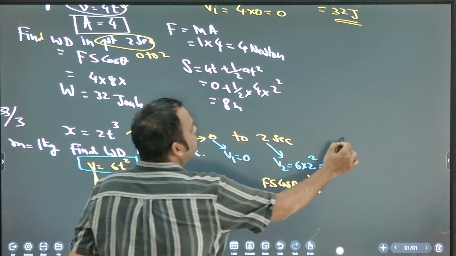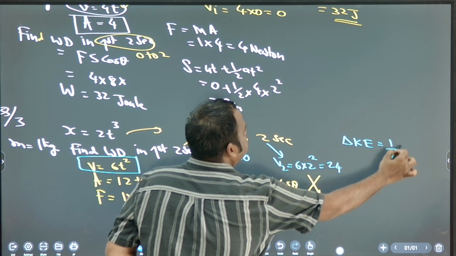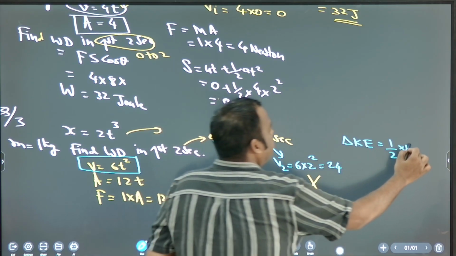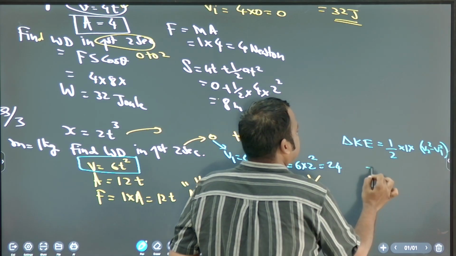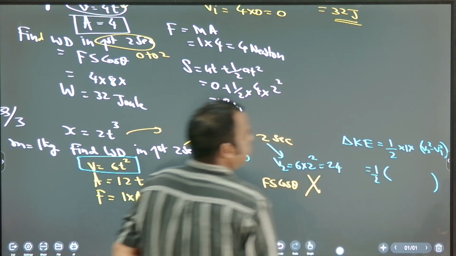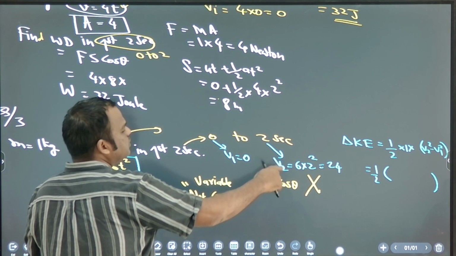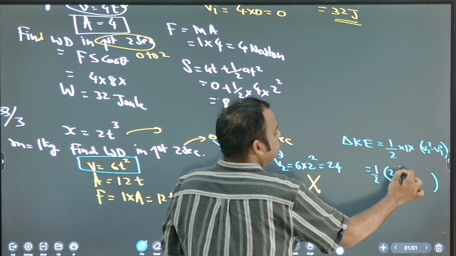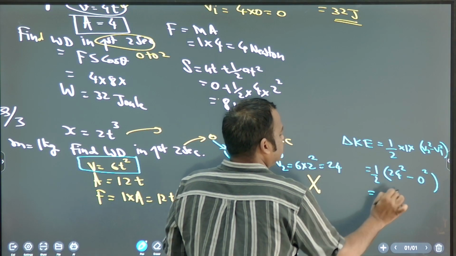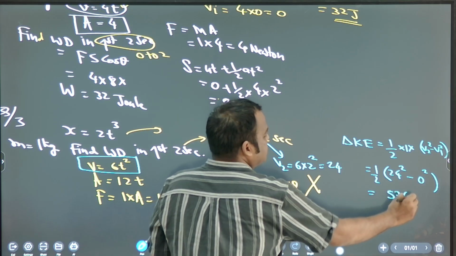Now you use kinetic energy change. Change in kinetic energy is half m, v2 square minus v1 square. Okay, use it. So half, v2 square is 24 square minus 0 square. 24 square, you know, 576. Very good.